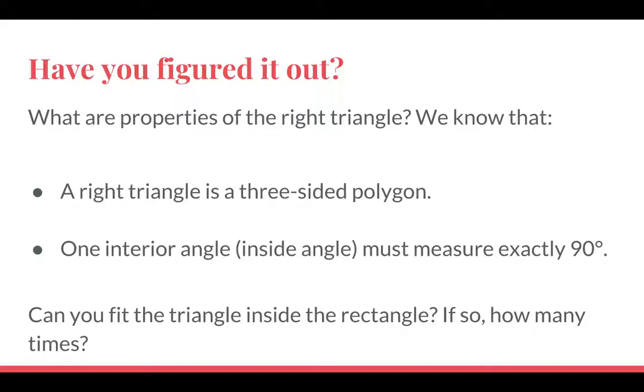And if so, how many times can you fit that triangle? The triangle given to you, can you fit it inside the rectangle? I'm hoping that you have discovered that you've been able to fit that triangle twice inside the rectangle.